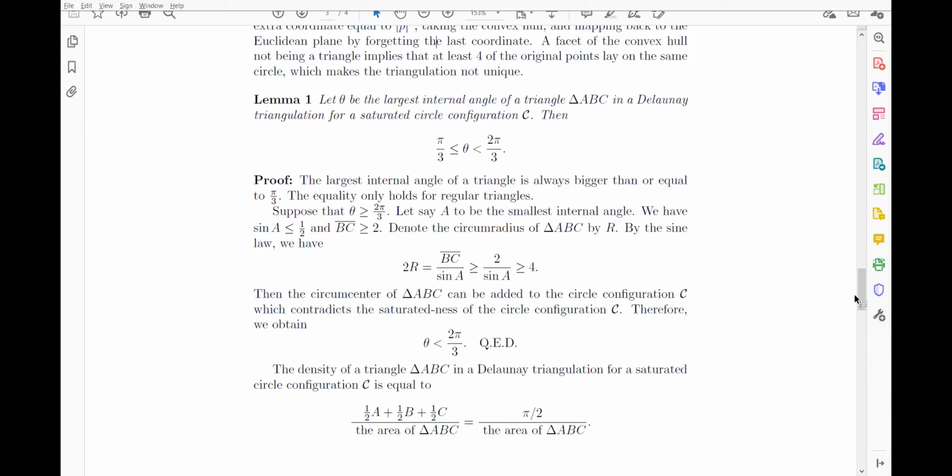Good, which direction is trivial? At least pi over 3, because we're talking about the largest angle. Since the sum of the angles has to be pi, the largest has to be at least pi over 3. So that direction is trivial. The content is that it's strictly less than 2 pi over 3. It could have been as large as almost 180.